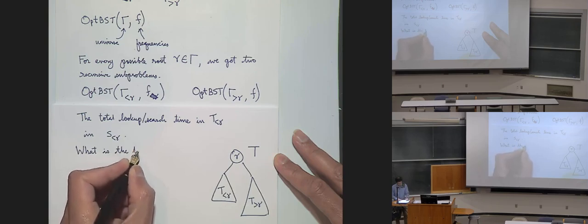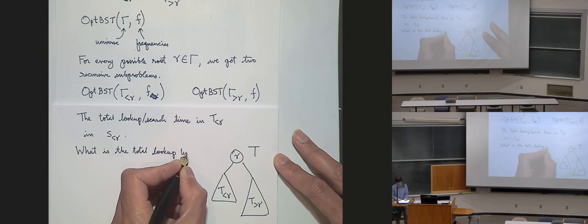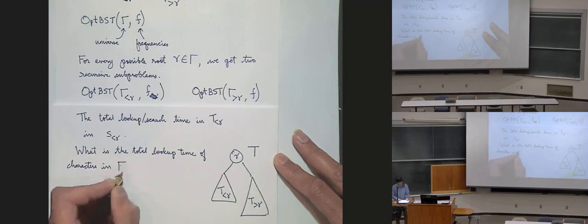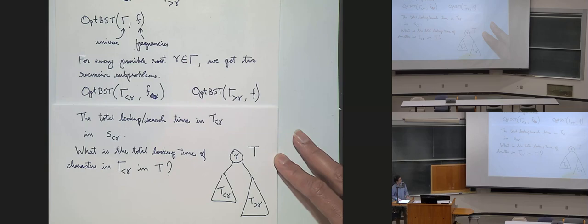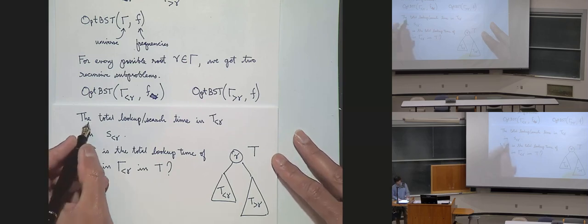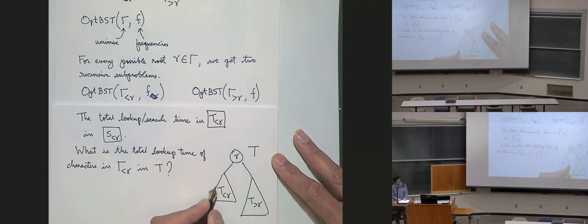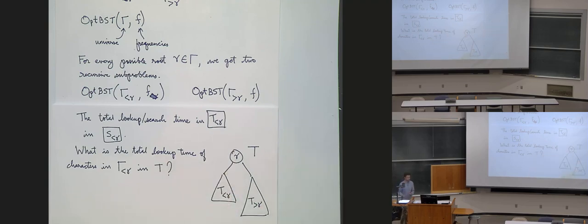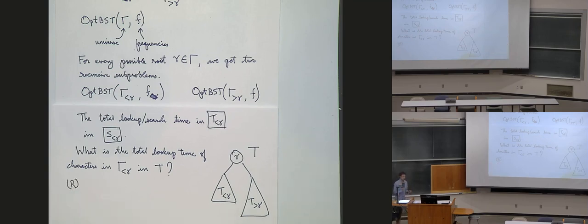What is the total lookup time of characters in the same portion in T? So what I gave you here is that the total lookup time is just in this left part. But your actual tree is the big one. So I'm going to give you some options and then hopefully this will make some sense.